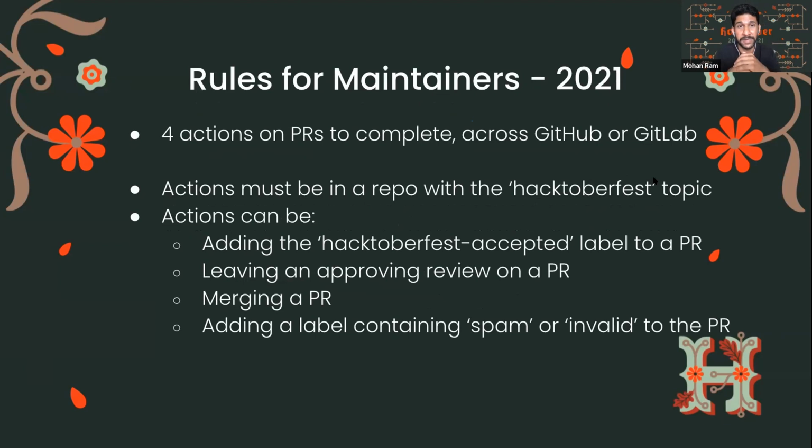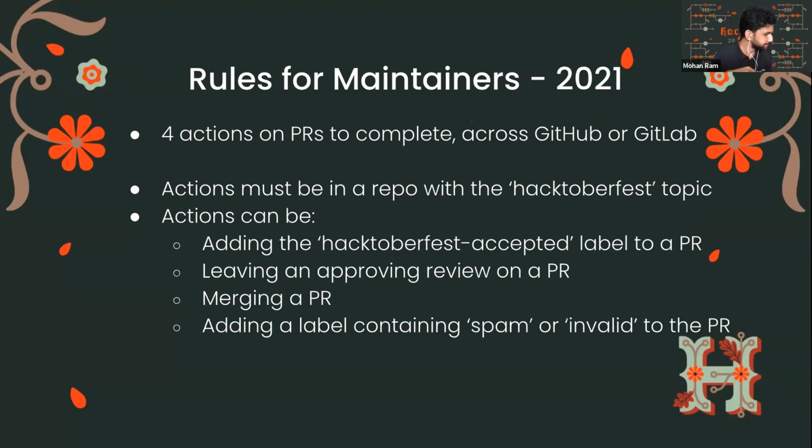These are the rules for maintainers. So if you are a maintainer hosting a project and participating in Hacktoberfest, you need to take 4 actions on PRs to complete across GitHub or GitLab. Actions must be in a repo with the Hacktoberfest topic. Some of the actions that you can take are adding the Hacktoberfest accepted label to a PR, leaving an approving review on a PR, so we know that it's still under review, and merging a PR, which is accepting it and merging it on your GitHub repo, right?